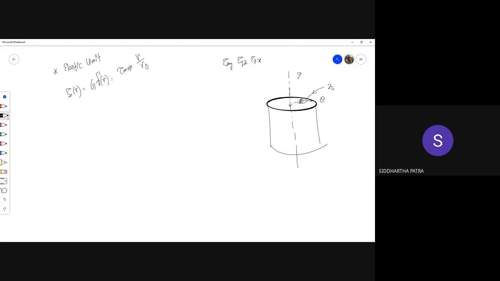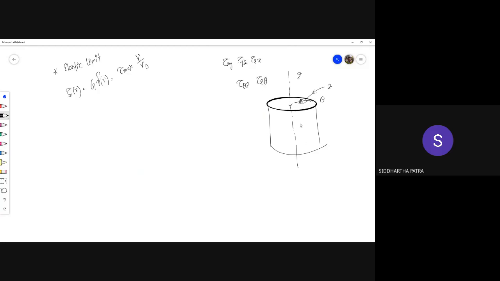So the section is perpendicular to Z and the stress is acting in the theta direction, the tangential direction. So the tau you are talking about in this case is tau theta z or tau z theta.